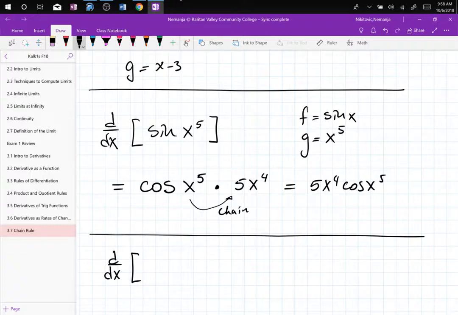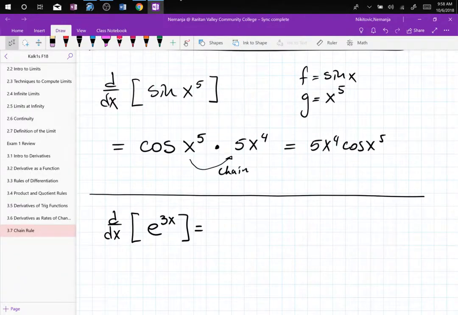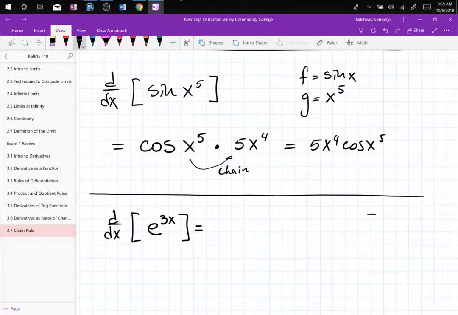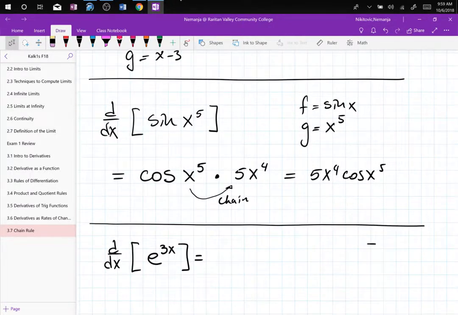Formula that you're familiar with, e to the 3x. You memorized the answer for this. Now we get to actually do it. We have f to be e to the x and g to be 3x, right?